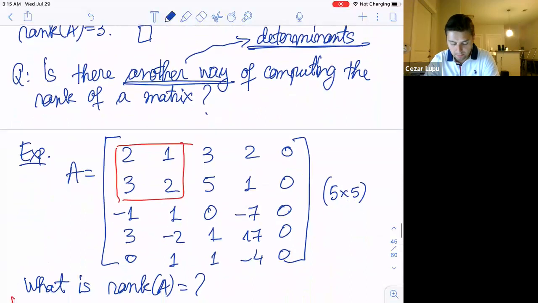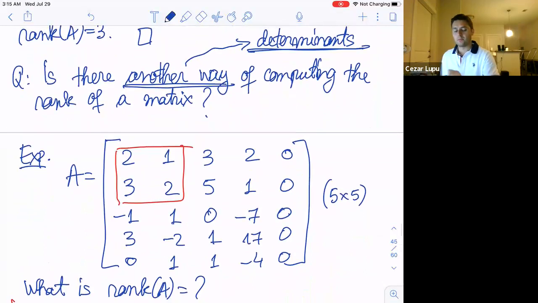Again, let's look at this matrix. I already circled this. Maybe I shouldn't have done that, but anyway, I'll explain immediately why I did this. So this is a square 5 by 5 matrix, and I want to find the rank of this matrix.